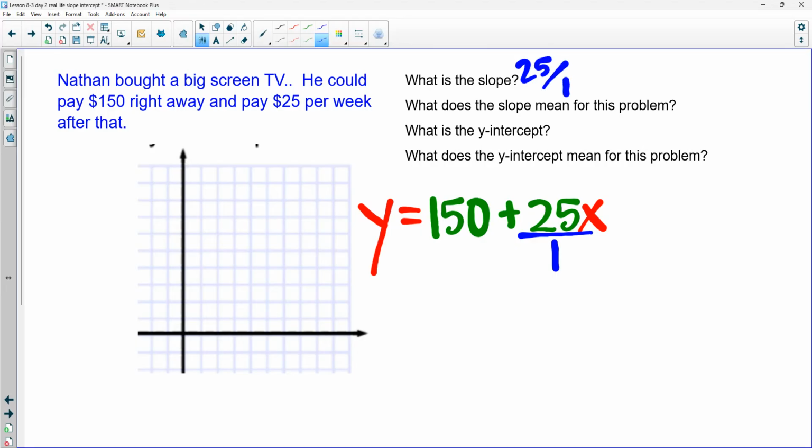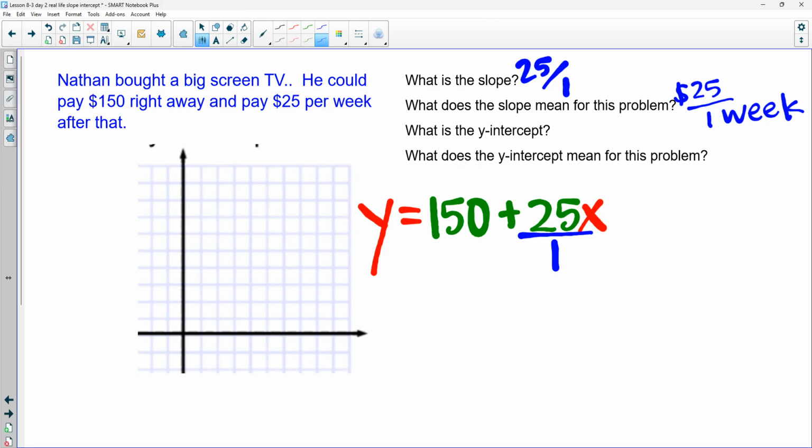For this scenario, it's not 50 miles per hour to Henry's grandma. It's not $7 per ride at the fair. It is, did you say $25 for 1 week? Because that is the slope.